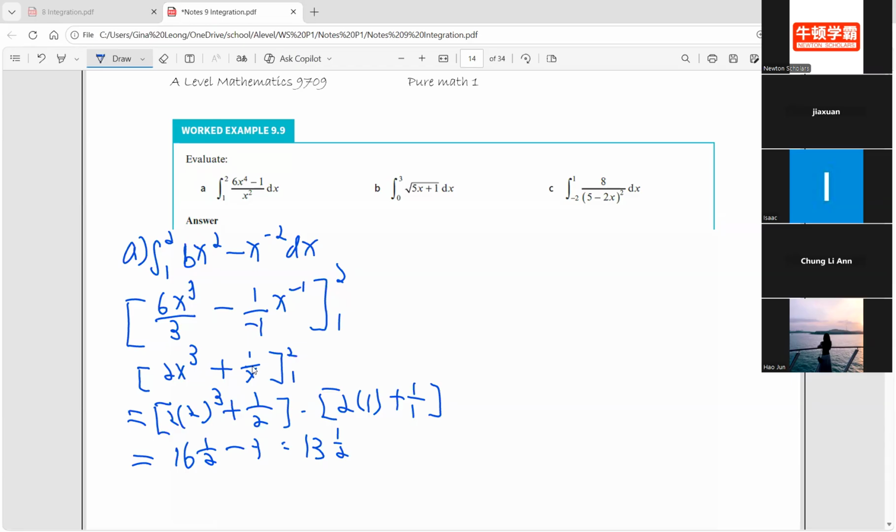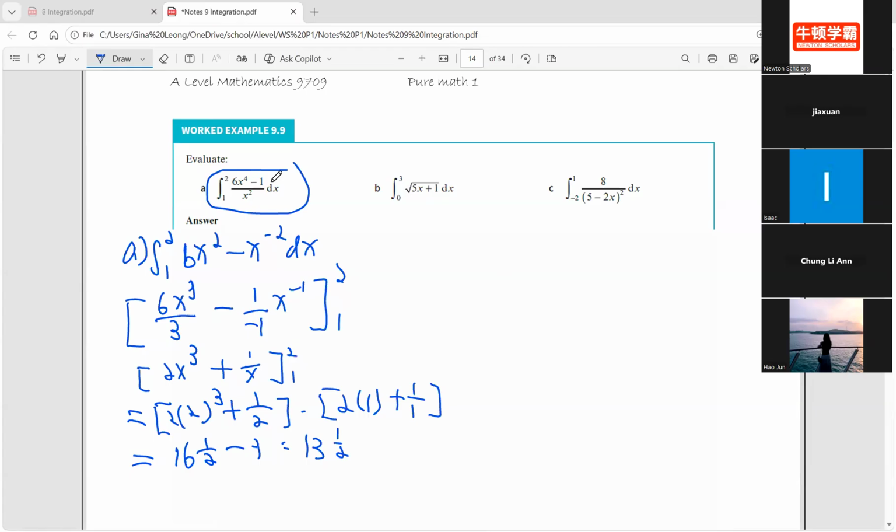Okay, any question for this one? If you want to check whether that is correct or not, you can now press your calculator. Follow exactly the same. Usually it will give you the inside part first. So you follow me now.